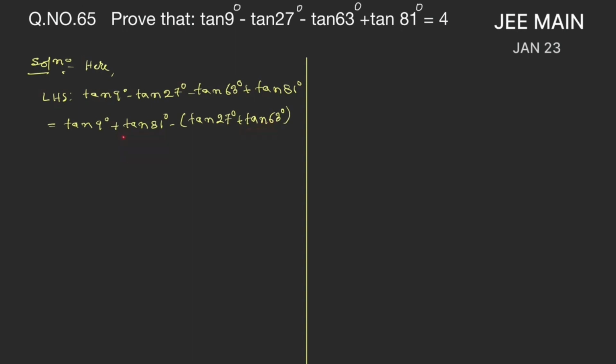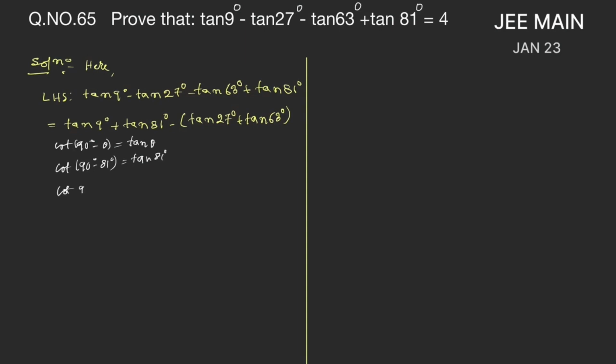Now we are going to change tan 81 degree to cot 9 degree and tan 63 degree to cot 27 degree. So we know that cot 90 degree minus theta which is equal to tan theta. Cot 90 degree minus 81 degree we are able to write as tan 81 degree.